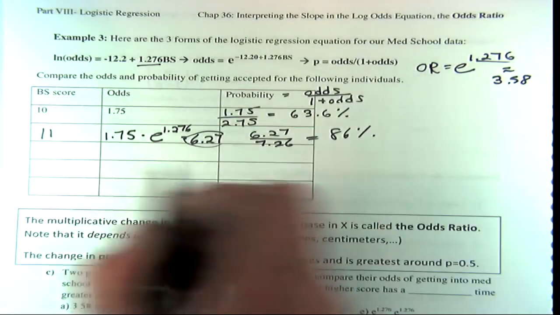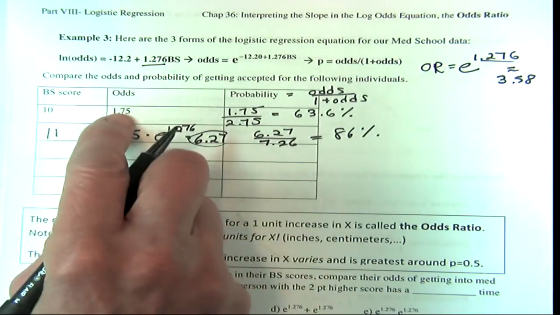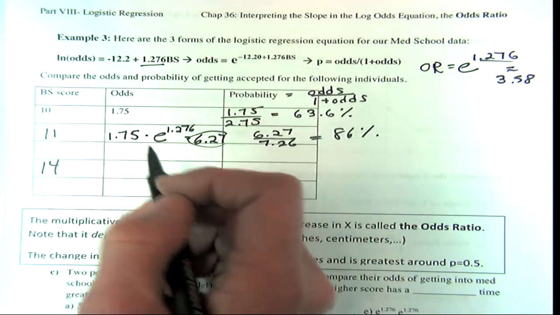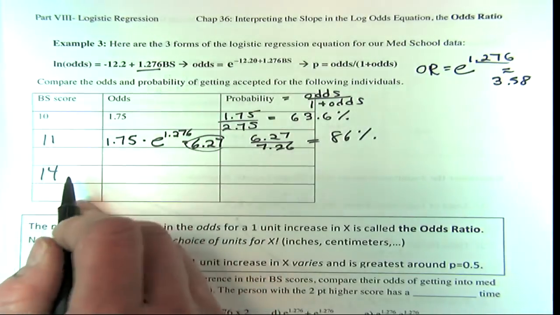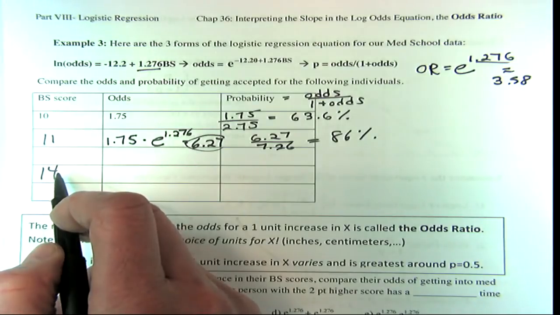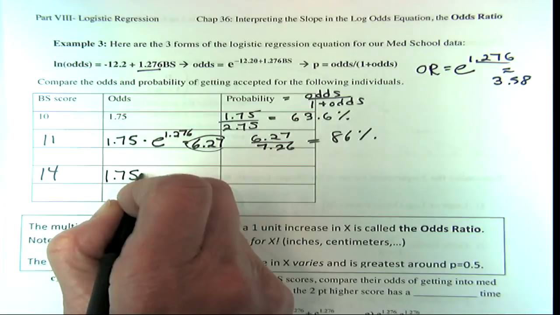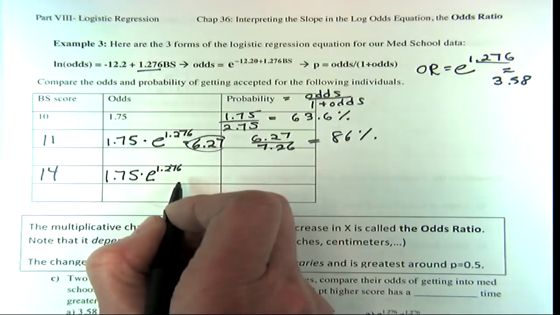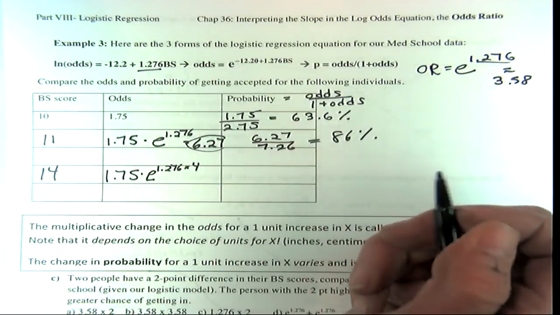All right. So what if we just had 10 and now we wanted, let's say, the relationship between 10 and 14? So if you knew your odds were 1.75, and now that's 4 points higher, we'd say 1.75 times e to the 1.276 times 4, which would just be the same thing as multiplying by e to the slope 4 times, right?